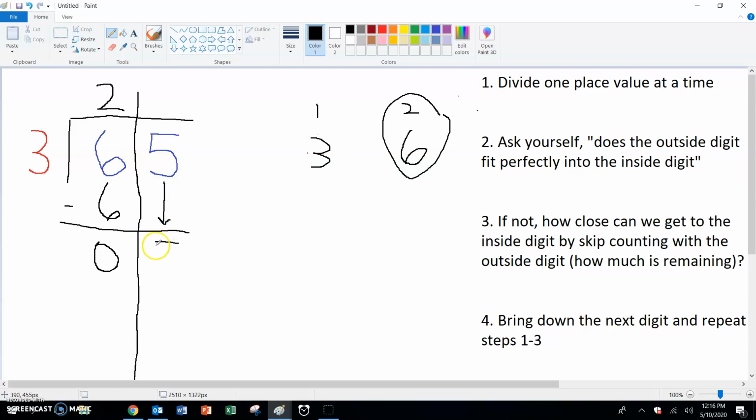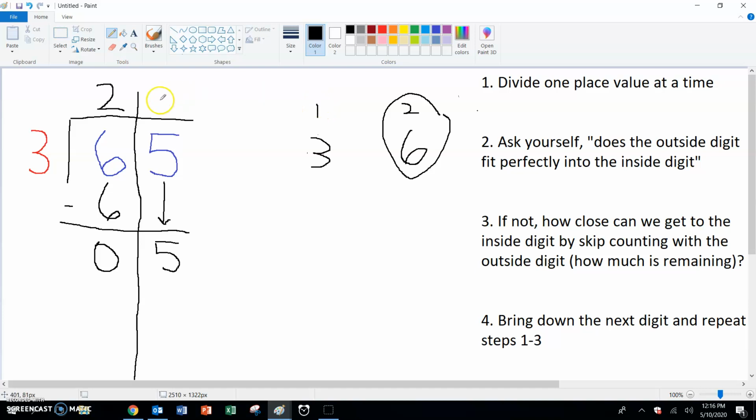And then we ask ourselves, does 3 fit perfectly into 5? If we skip count by 3, can we get to 5? Well, if we look over here to the right, we can see 2 groups of 3 gives us 6. That already exceeds 5. So the closest we can get to 5, skip counting by 3, is 1 group of 3.